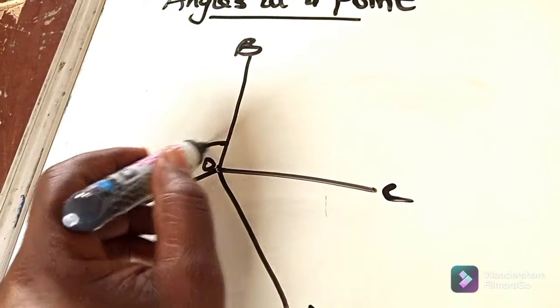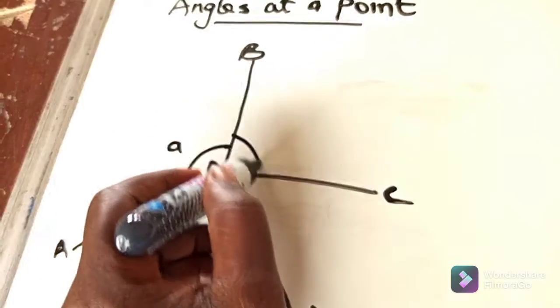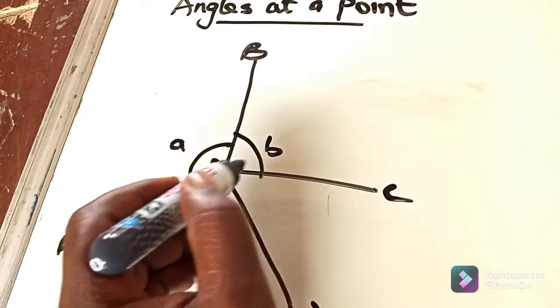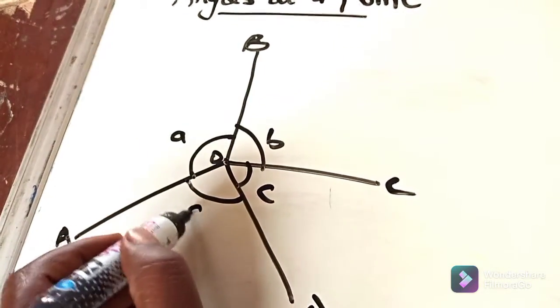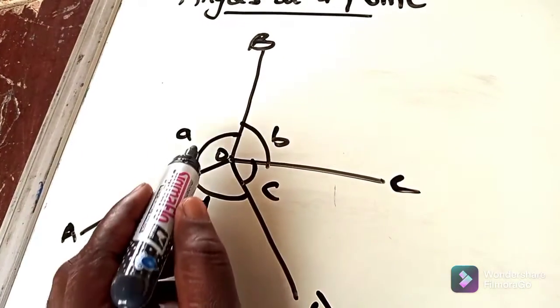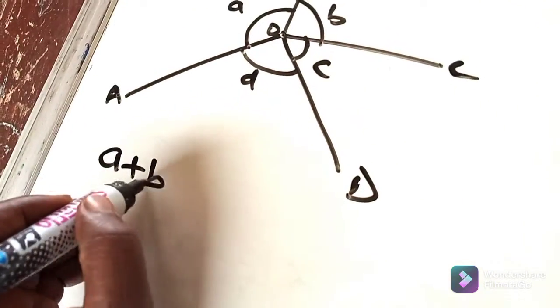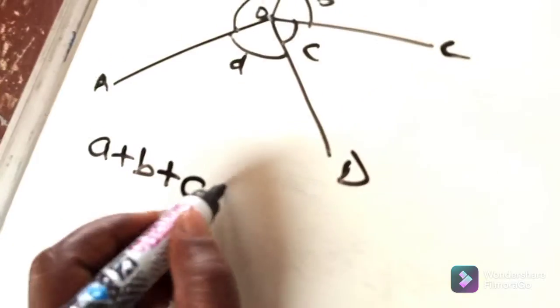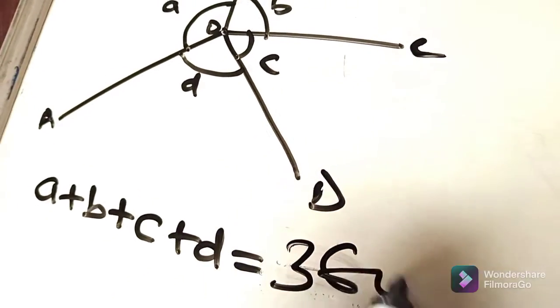So here I can have an angle. Let me call the angle A. Here I can have another angle B, another angle here C, another angle here D. So the sum of these four angles, that is A plus B plus C plus D, is equal to 360 degrees.